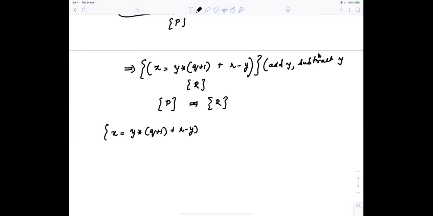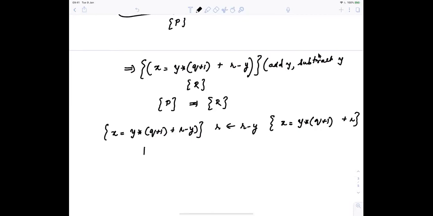This is our R over here. And suppose I execute the statement r equal to r minus y. Then what do I have? I have here x is equal to y star q plus 1 plus r.